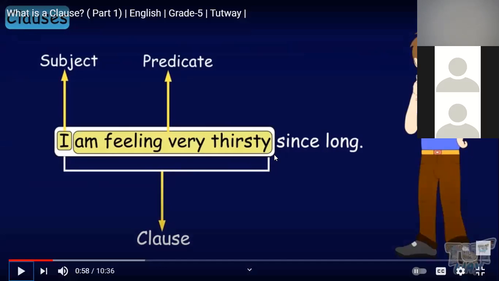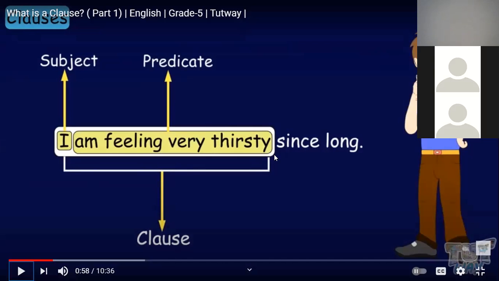So focus. What did she say? The difference between a phrase and a clause is that a clause has the subject and the predicate in one clause, and the clause is a part of the sentence.